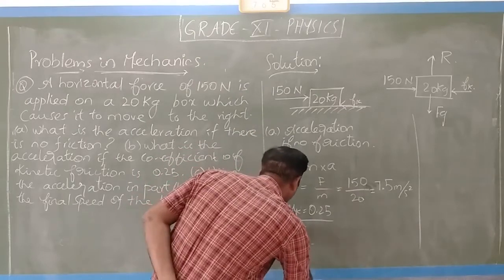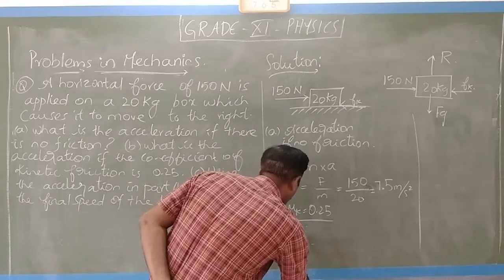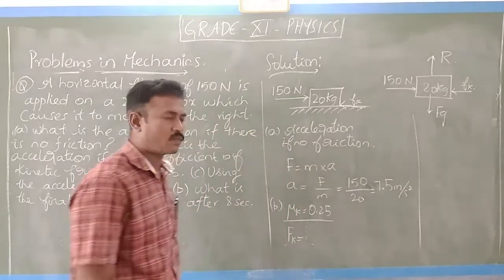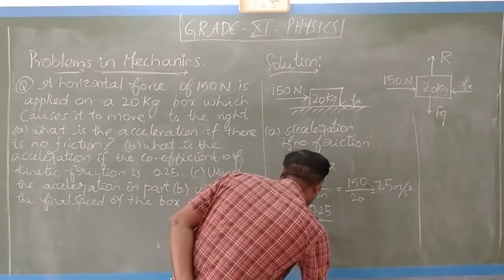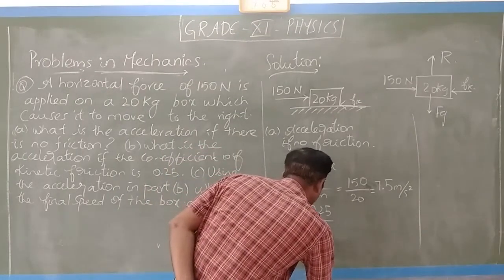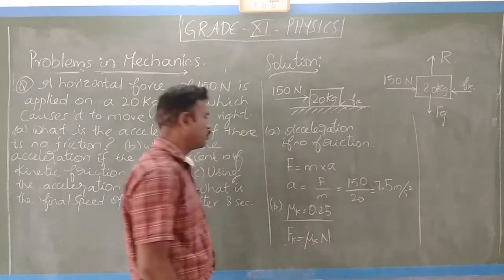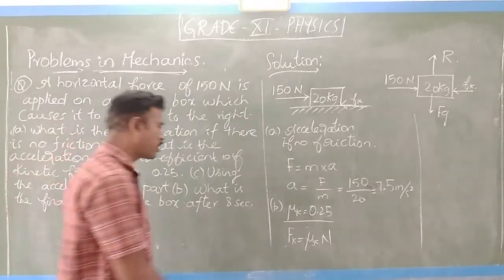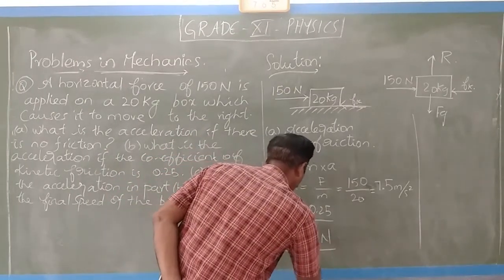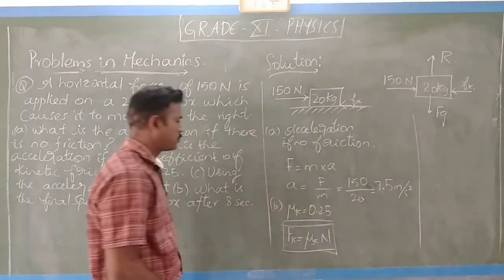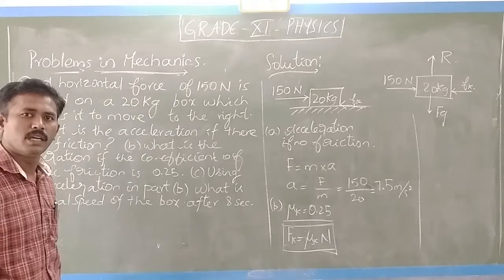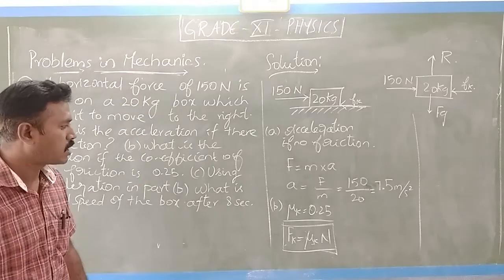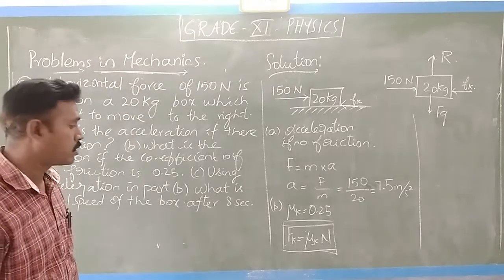So Fk, that is the kinetic friction, is equal to mu k times the normal force. This is the formula for kinetic friction, the force due to kinetic friction. Now you keep the unknown.